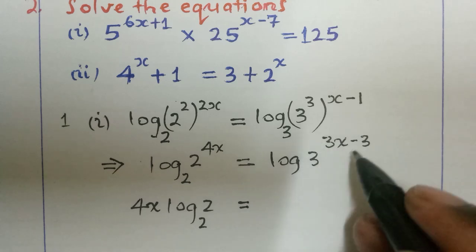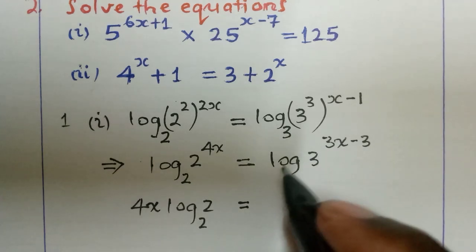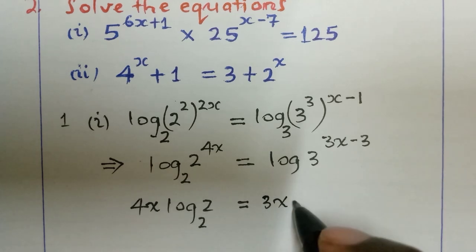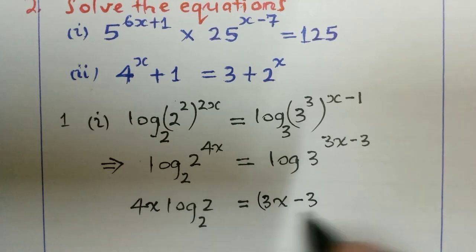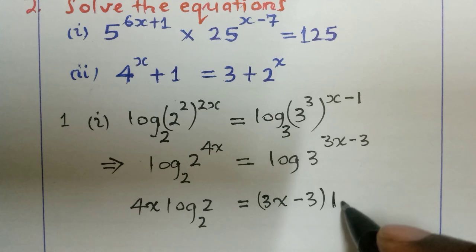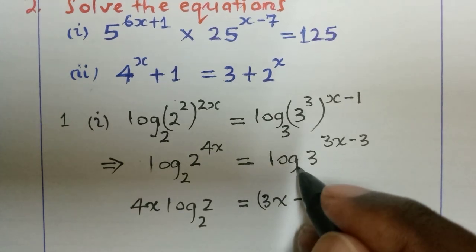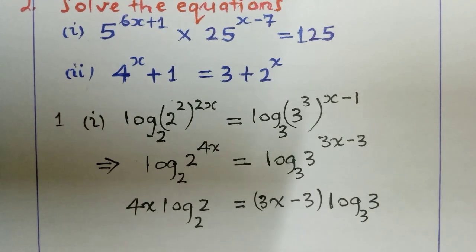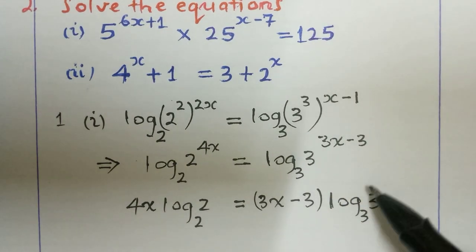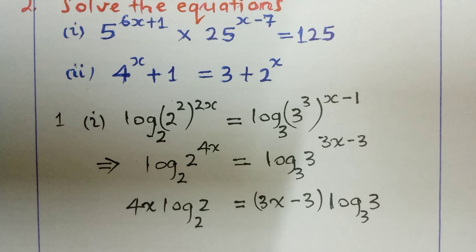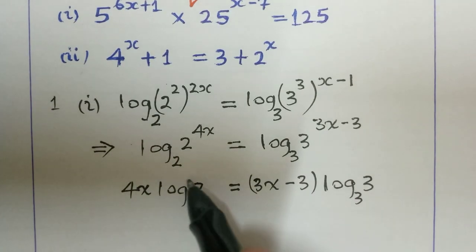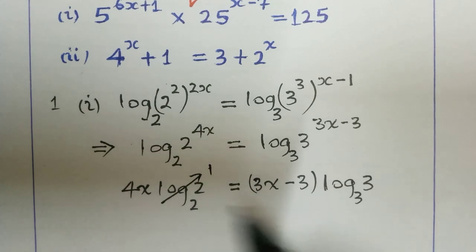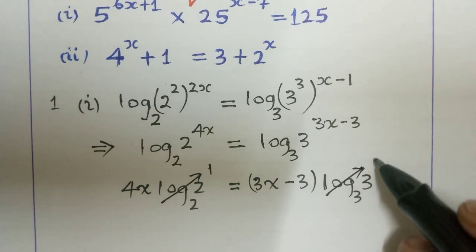I transfer this to the front of the log. That is 3x minus 3, and then you have log 3 to base 3. The reason for doing that is we want to eliminate the log. According to the laws of logarithm, this is now supposed to be 1, and this one is also supposed to be 1.